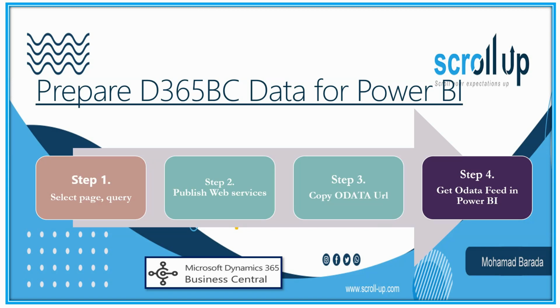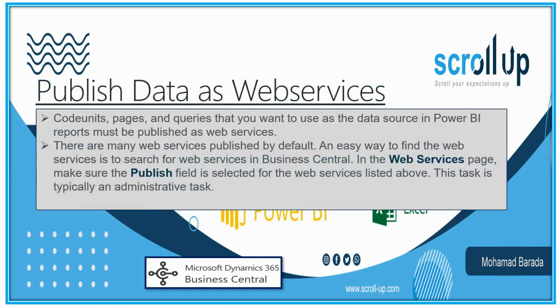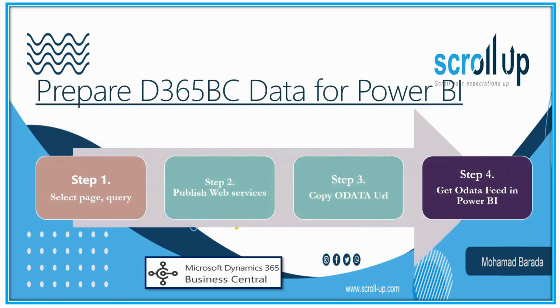So you have to go to web services, select a page, and make sure that the page or queries whose data we'd like to use in Power BI are available. Then you have to publish this web service, take the OData URL and copy it, and paste it in the OData feed of Power BI. So these are the 4 steps, very easy steps.